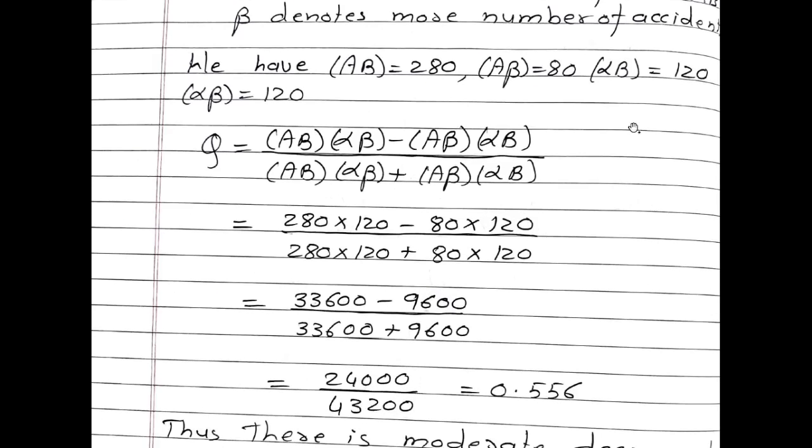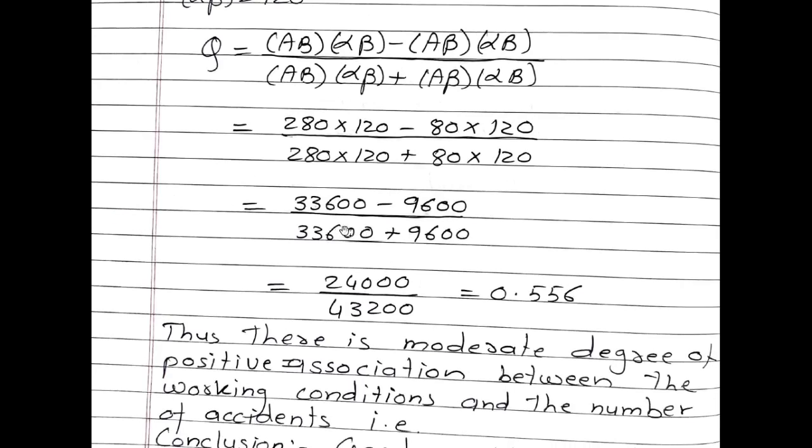Now we will write the formula for coefficient of association, Yule's coefficient of association Q. Q is equal to AB into alpha beta minus A beta into alpha B divided by AB into alpha beta plus A beta into alpha B. So 280 into 120 minus 80 into 120 divided by 280 into 120 plus 80 into 120.